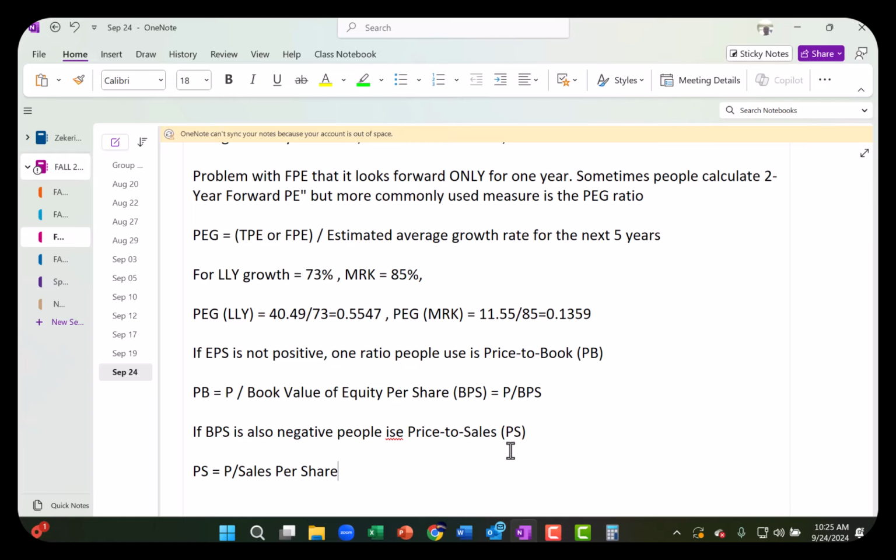So comparing those based on price to sales is not meaningful. You're comparing a lime to a grapefruit. Yes, they're in the same family, but nobody would ever mix up a grapefruit and a lime. It's not just the taste; it's the size as well.